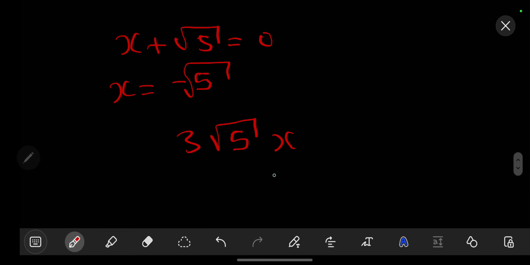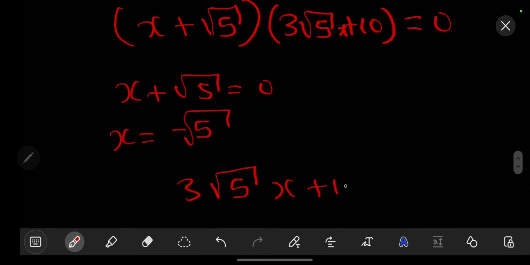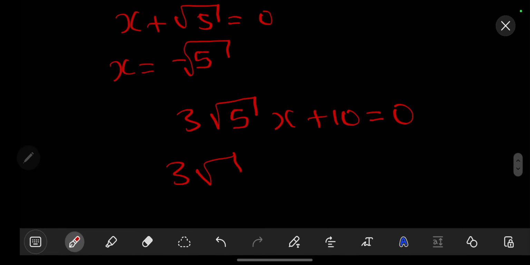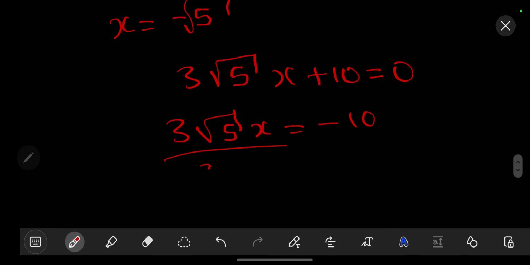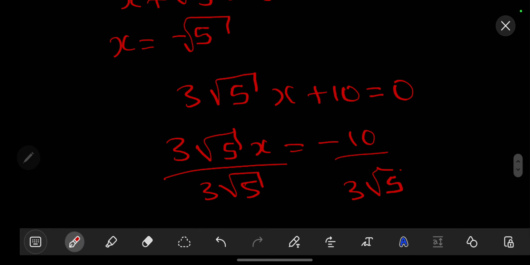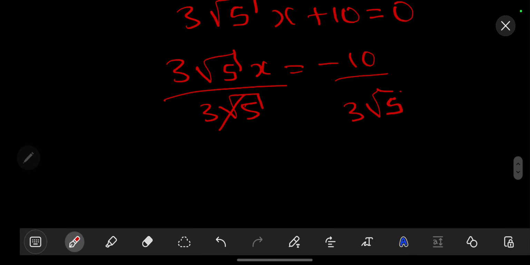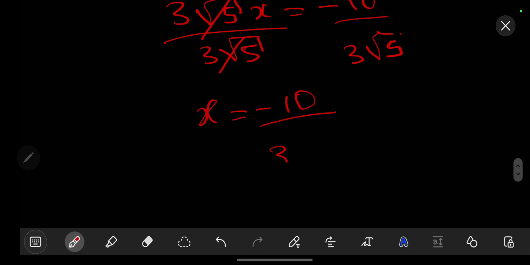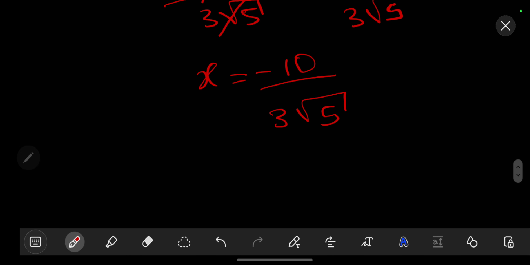So we put x plus 10 should be equal to 0. So we are going to have 3 square root of 5 x. The 10 goes there, negative 10. Then we have over 3 square root of 5 over 3 square root of 5 like that. So we are going to have x should be equal to negative 10 over 3 square root of 5. So this is our value.